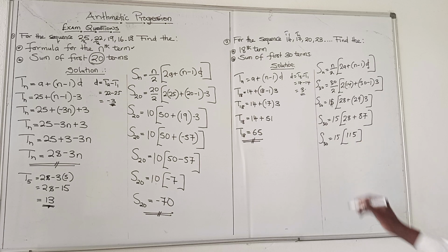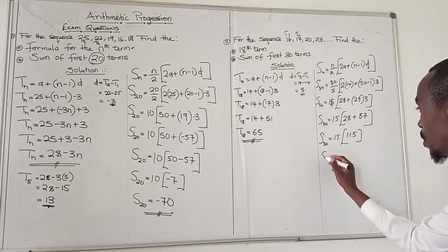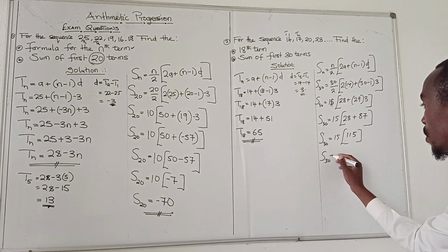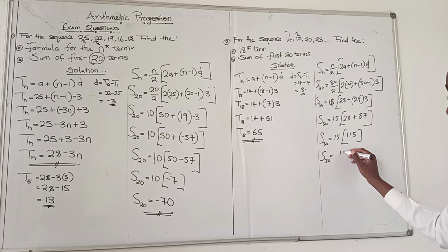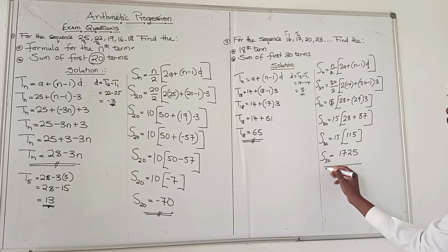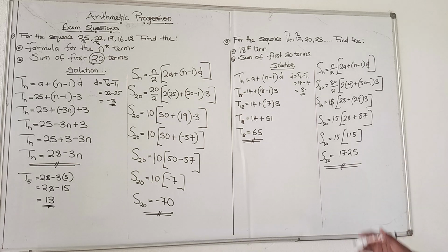So this means the sum of the first 30 terms is 15 times 115, it will give us 1,725. So that is how you work out such questions.